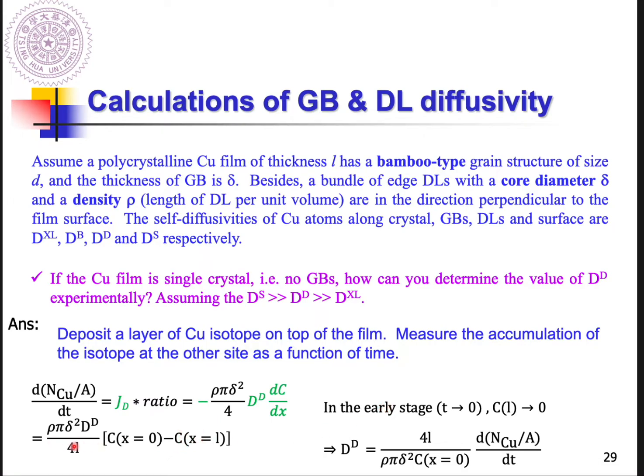Then you can get the DD, as long as you know the thickness, the density of dislocation, the thickness of the grain boundary, the concentration of the isotope layer deposited on top of this film, and also measure the accumulation rate of the isotope as a function of time.